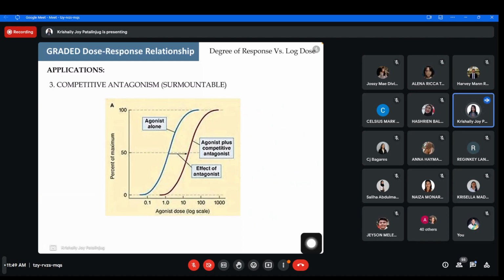Regarding competitive antagonism, in studying for the presence of competitive or non-competitive antagonism, we can also make use of this curve. Diba? Ang concept natin kapag competitive antagonism, we can overcome the effect of the antagonist by simply increasing the dose of the agonist, increasing the concentration of the agonist.